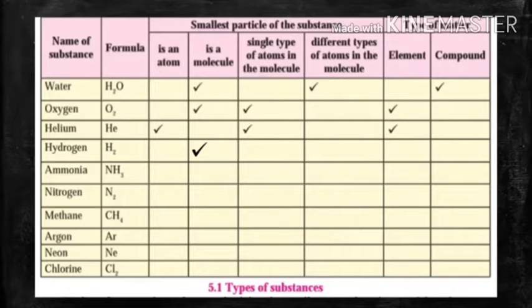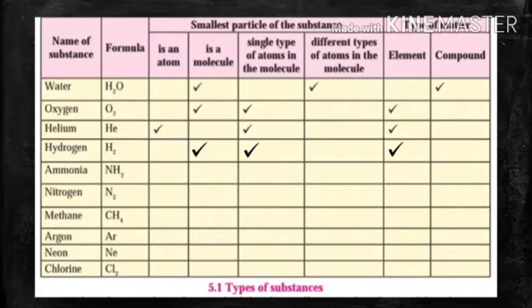Different types of atoms in the molecule remains blank, no tick mark. Is it an element or a compound? It is an element because only a single type of atom is present. That's why it is not a compound. In this way, you have to solve the rest of the examples.